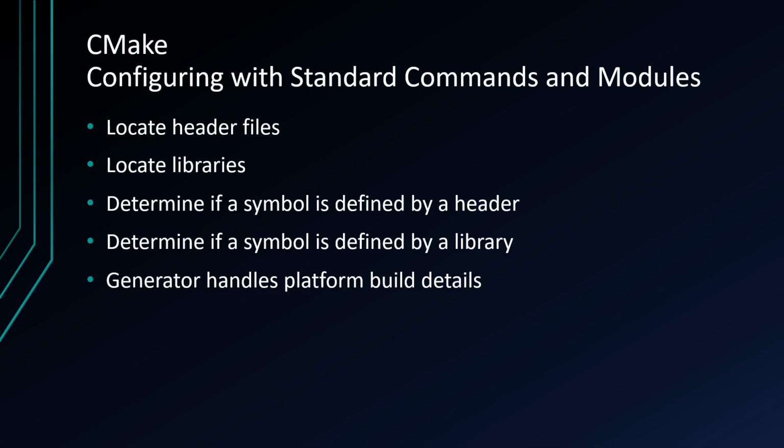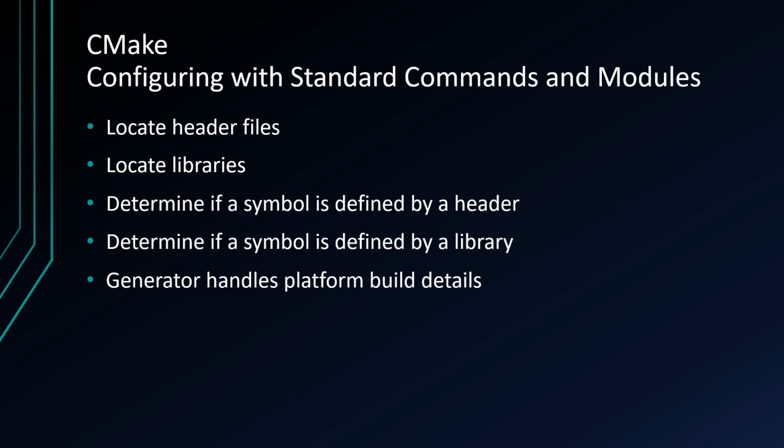And to configure things, just like Autoconf had a bunch of standard macros that did standard tasks for probing your system, CMake has a bunch of standard commands and associated modules. And modules are just a file where functions get defined in terms of other base level commands, functions and/or macros.